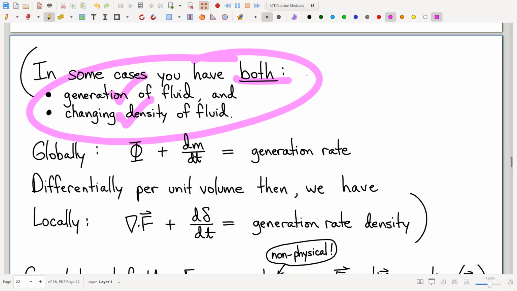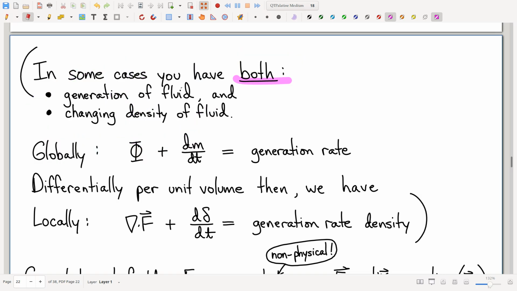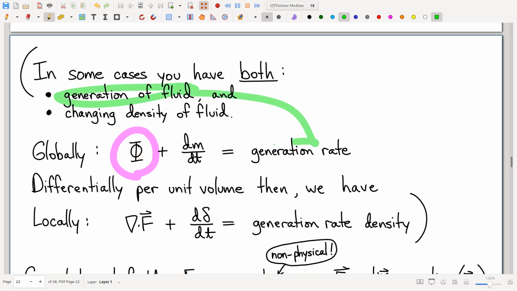If you want to discuss examples, come discuss with me in office hours. It turns out that flux relates to how fast you're generating fluid and how fast the density is changing by way of this equation right here.